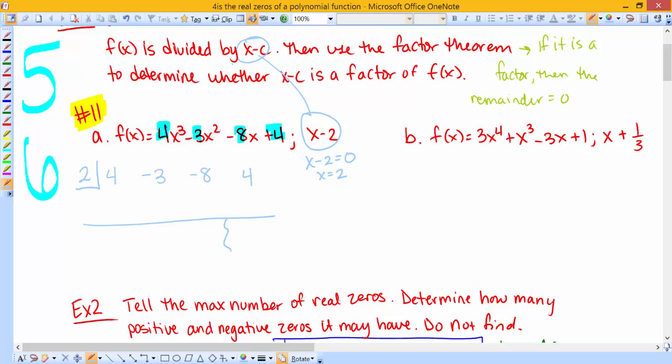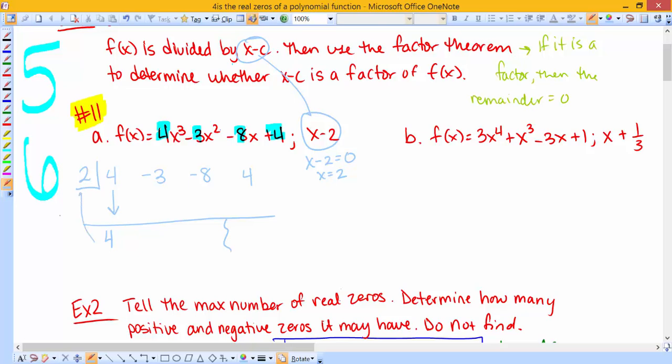And then the last value that I get is my remainder. So I start by dropping the 4. So synthetic division is weird because we're dividing without actually doing any division. This is all multiplication. So I drop my first term. Then I multiply. So you guys are going to want to probably watch this a couple of times.